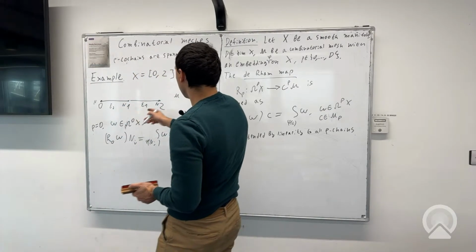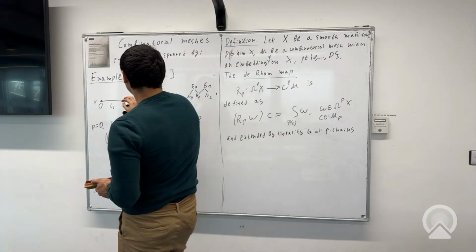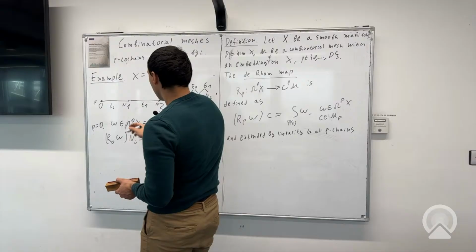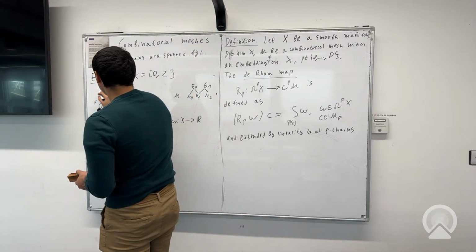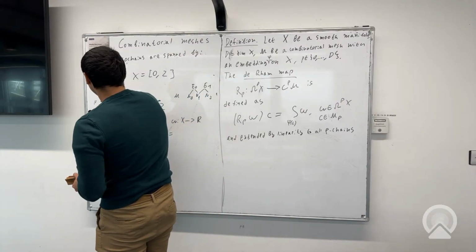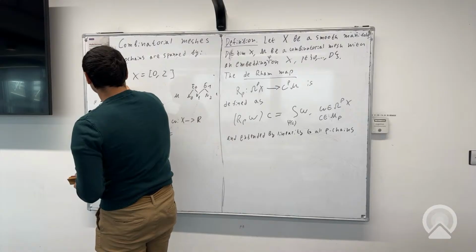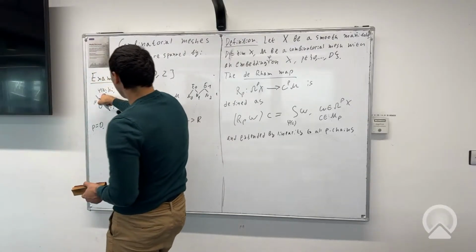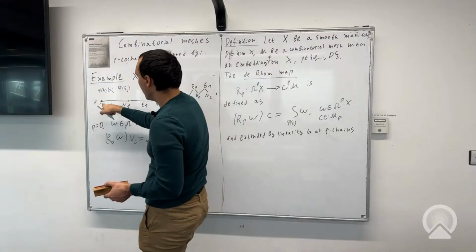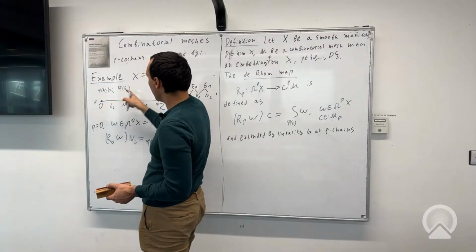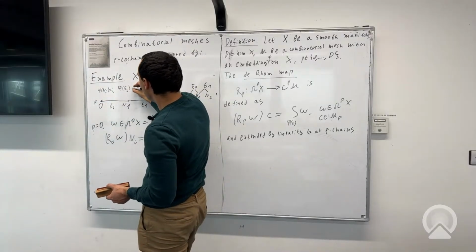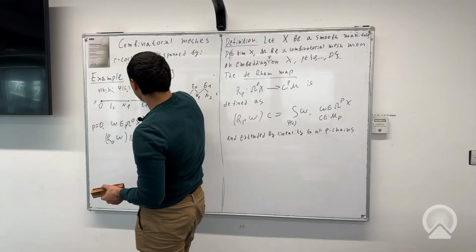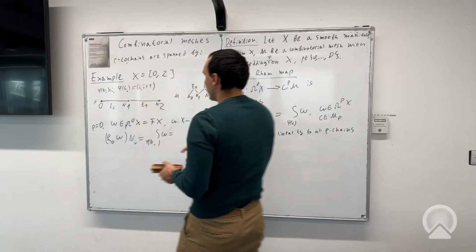I forgot to say that phi of N_i equals i, and phi of E_i maps to the interval that connects them, from i to i plus 1.